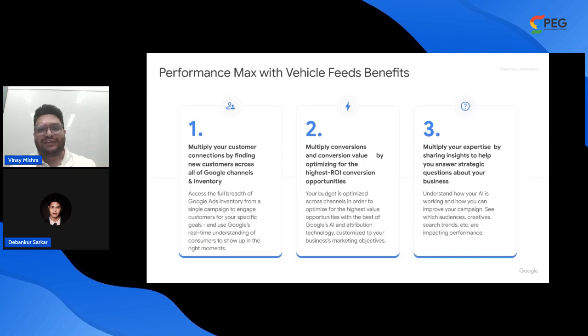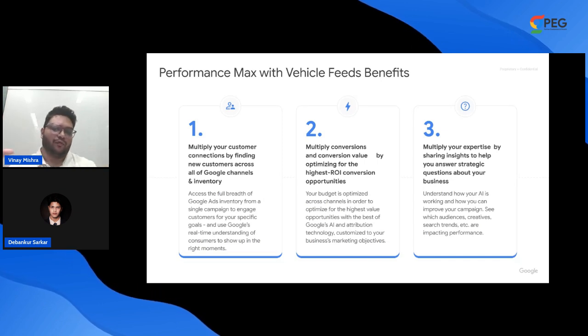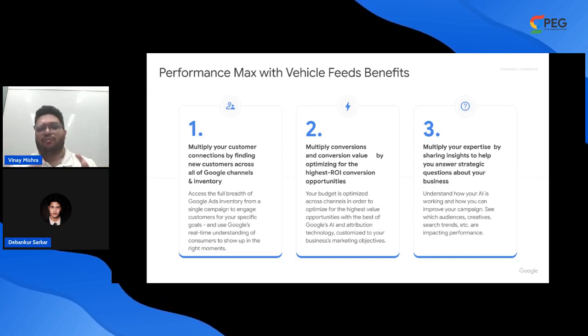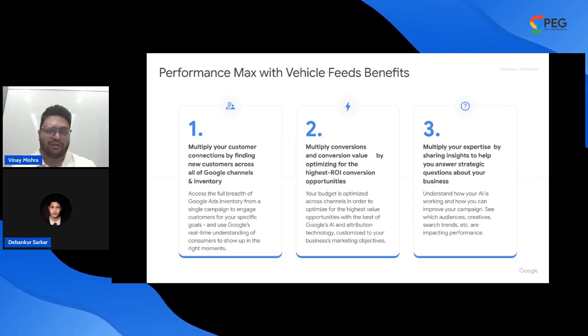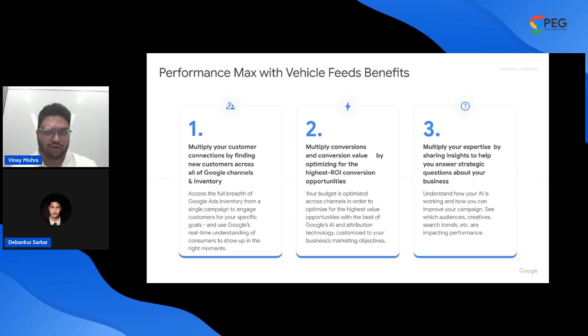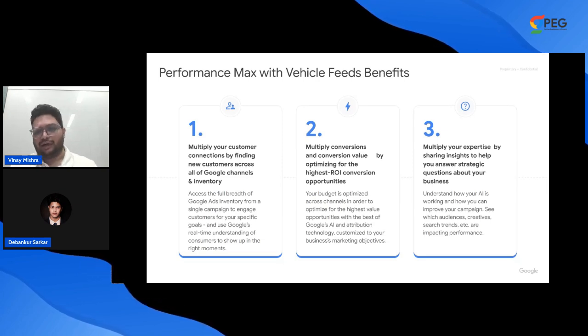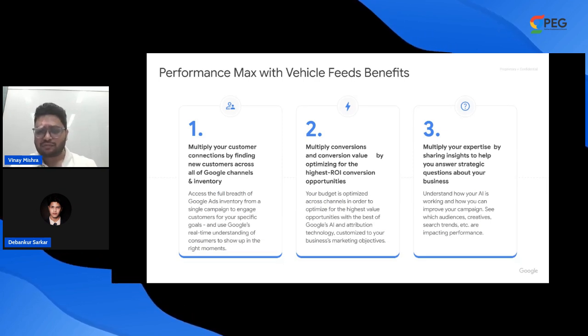So in a Performance Max campaign where I'm using my vehicle feed, I'll probably share this audience list of users who have the potential to buy a car. I'll be using that list as a seed list for my campaign.